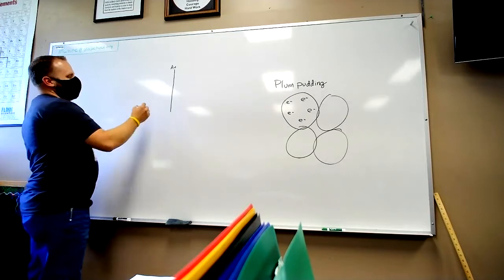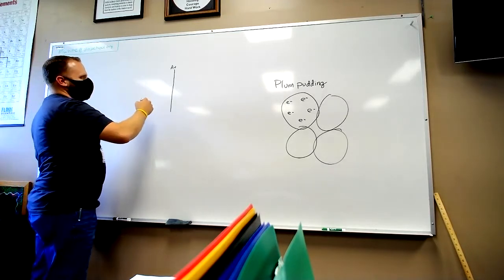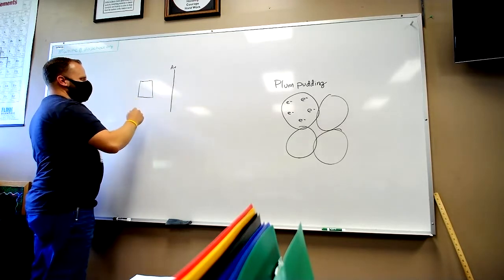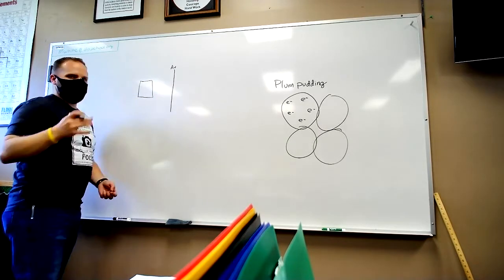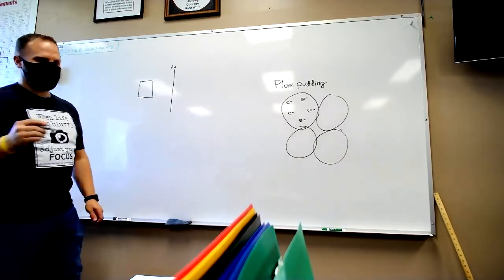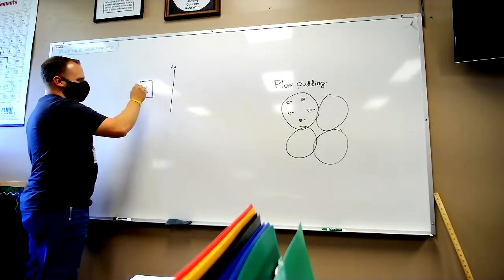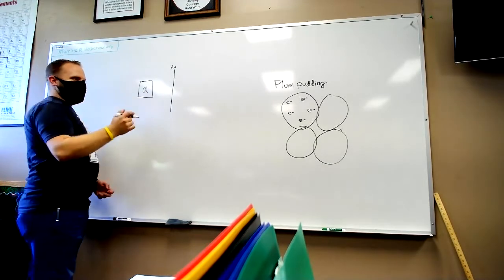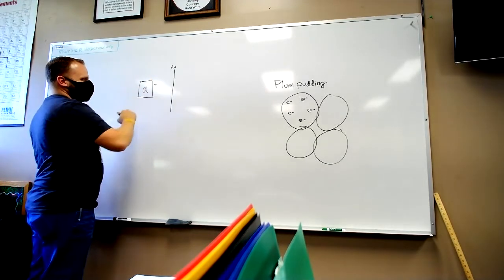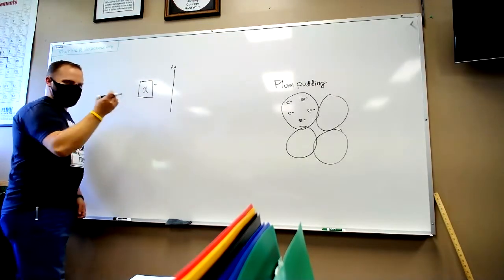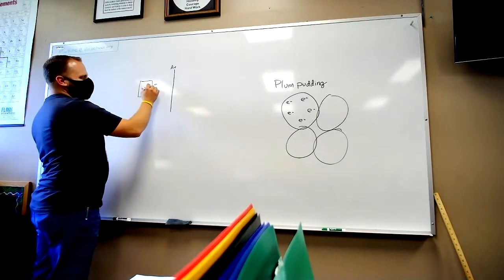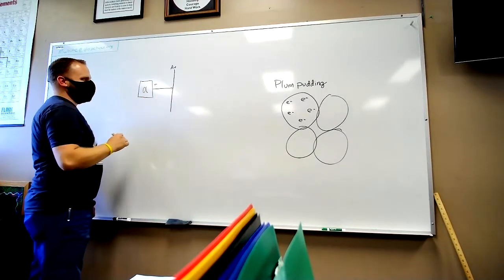Over here, he has a radioactive source. At that point, we knew that this radioactive source would send off alpha particles, which were positively charged. And they were physical particles. And he made it so that they would hit this foil.